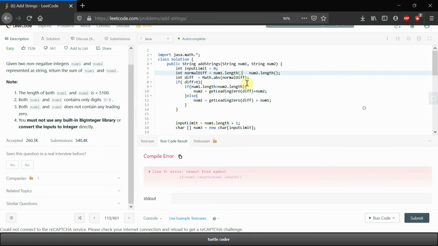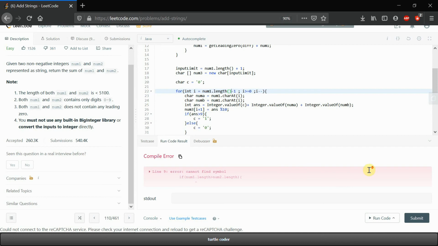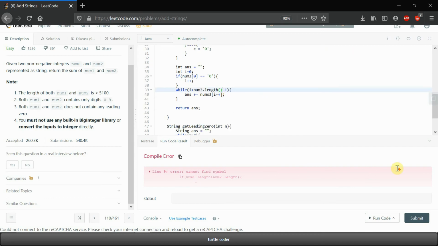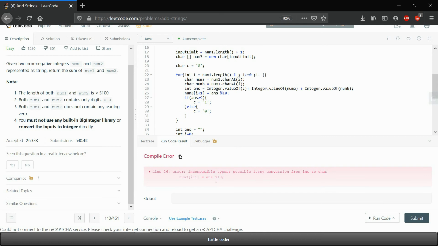I forgot. Oh, it's an API then. My bad. Where else? Over here. Let's try to run now. Answer equal to answer mod 10, and it's incompatible: possible lossy conversion from int to char.